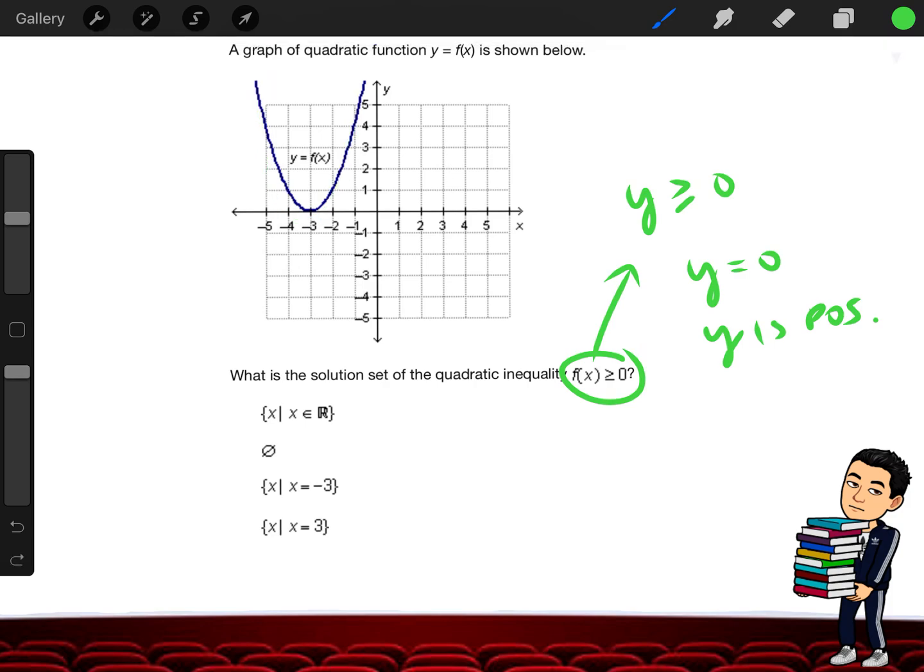This parabola is where y is on the positive side. The whole entire parabola is on the positive side, which means that it doesn't matter what the x value is, you are always going to get y equal to 0 or positive. So in this case, it's going to be all real numbers for x.